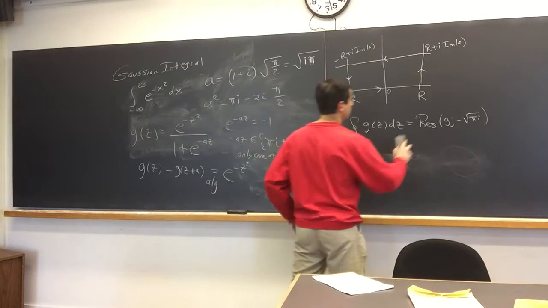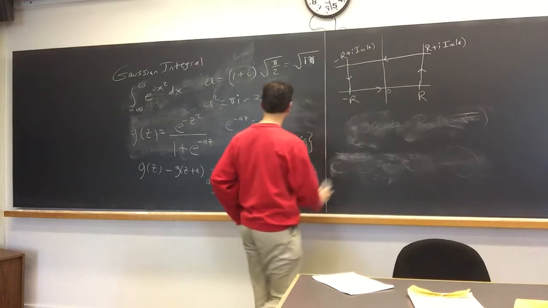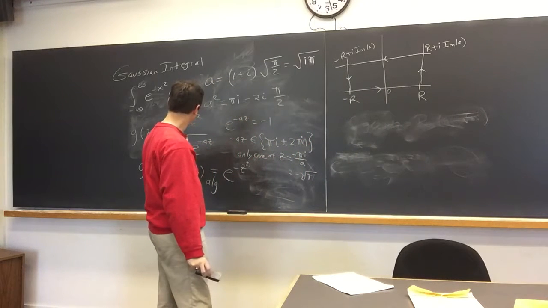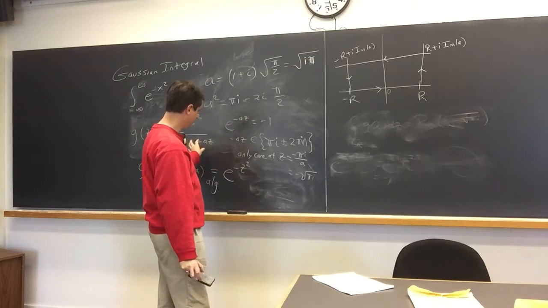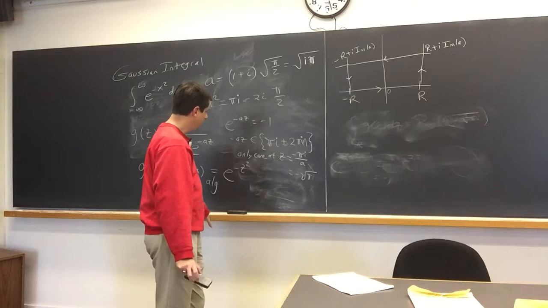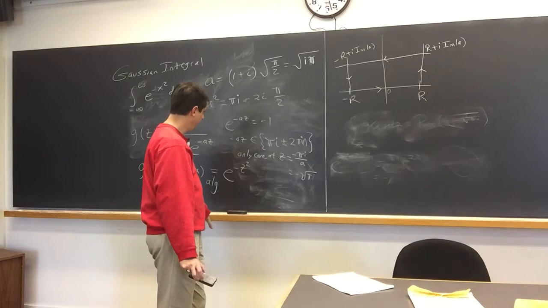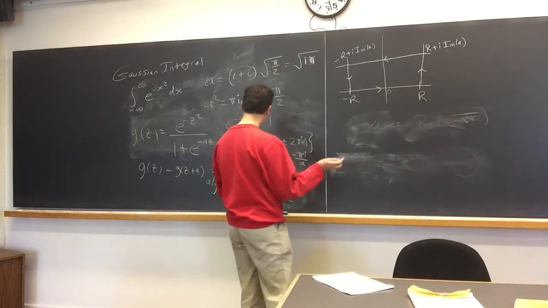Okay, so let's double check then where the residue is. We definitely want this to be -1. So maybe it's the next one that we wanted. So instead of setting negative az to be pi I, we want it to be negative pi. So that's the one that's inside.